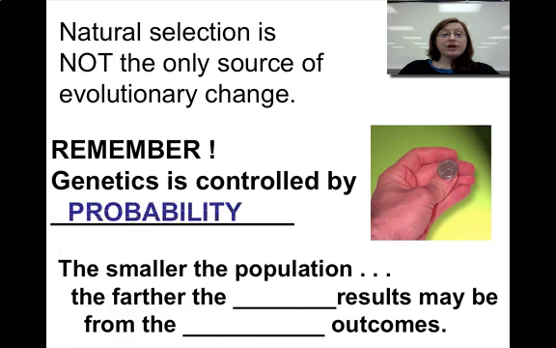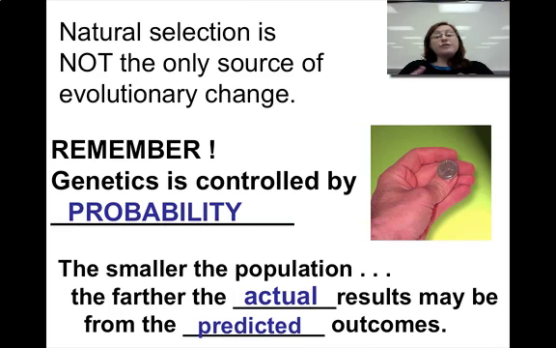Okay. In addition to natural selection, we know that sometimes when you put pressures on the probability of genetics, it's going to affect evolutionary change as well. For example, if you have a very small population, then the predictions you could make about how that population will respond to change won't be as accurate. Think about the same thing.